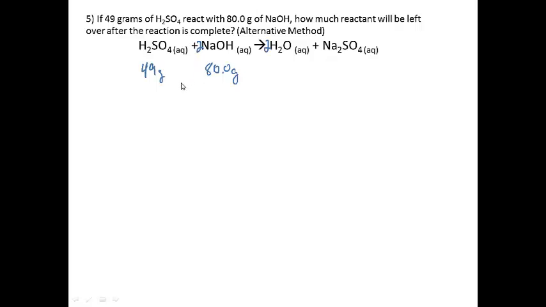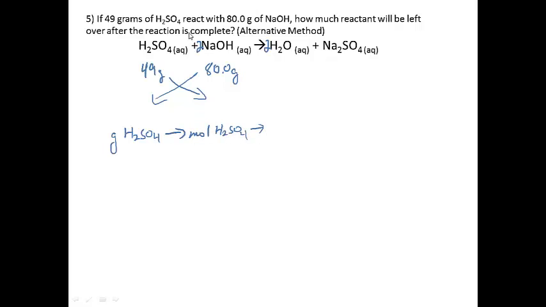So another way I could think about this is if I convert my grams of H2SO4 to grams of NaOH, I can figure out how much of the other one it uses up. So for example, I know I have the grams of H2SO4 and I can convert that to the moles of H2SO4.